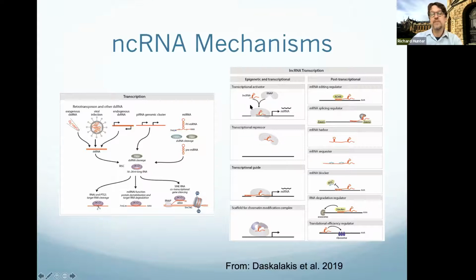We know that some long non-coding RNAs can act as activators of transcription of target genes. Some of them can repress it. Some can enhance it to some extent, helping move transcription factors to targets. Very often they're involved in determining the chromatin architecture.